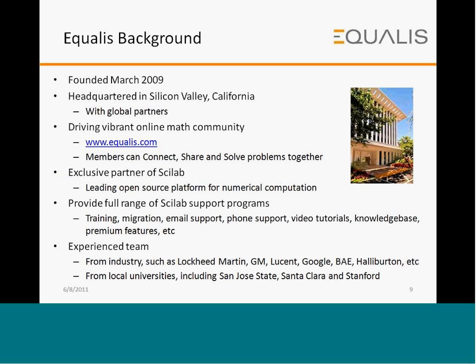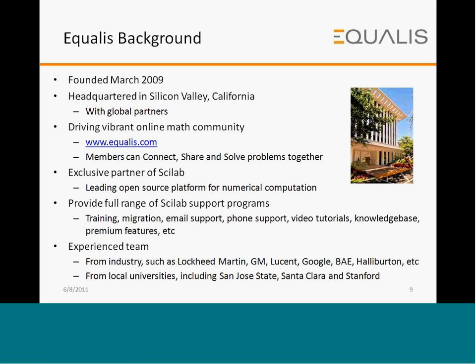Equalus was founded in March 2009 in Silicon Valley, California, with global partners, driving a vibrant online math community, which is at www.equalus.com, where members can connect, share, and solve problems together. Equalus is the exclusive partner of Scilab, a leading open-source platform for numerical computation.